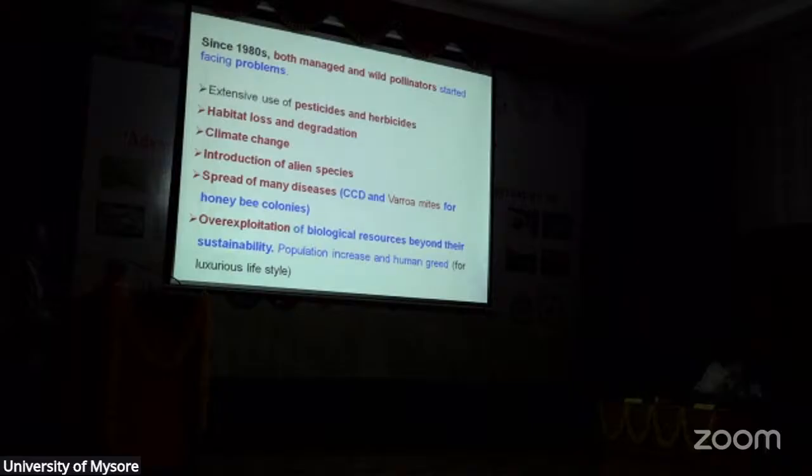These are a series of reasons: extensive use of pesticides and herbicides in our agriculture systems, habitat loss and degradation, climate change, introduction of alien species, spread of many diseases, and over-exploitation of biological resources beyond their sustainability. And this is because of population increase and human greed for a luxurious life.